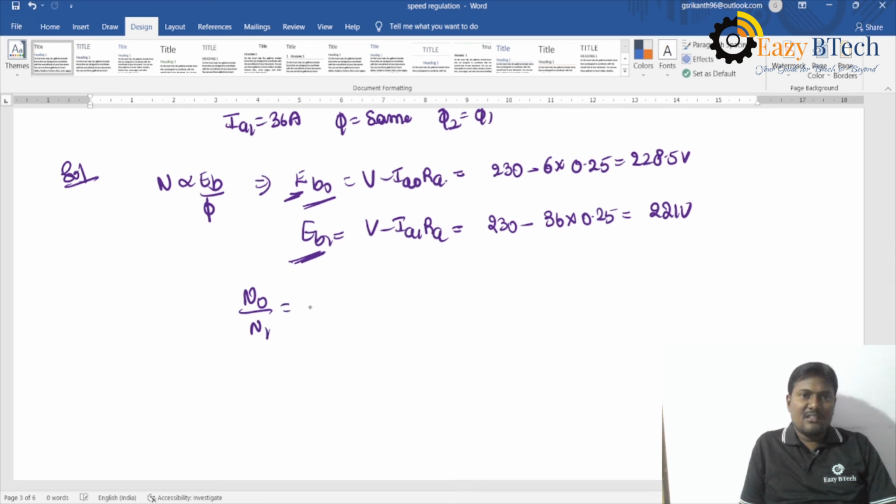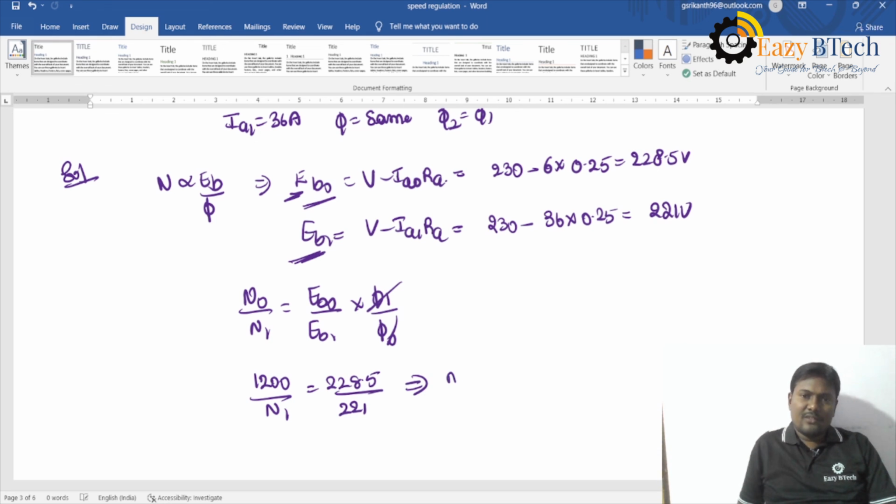N0 by N1 is equal to Eb0 by Eb1 into phi 1 divided by phi 0. These are the same. And N0 is 1200 RPM divided by N1 is equal to 228.5 divided by 221. So from this I got 1160.6127 RPM, revolutions per minute.